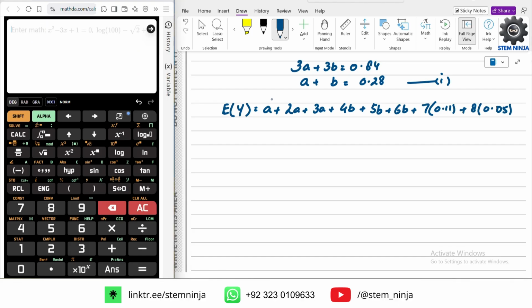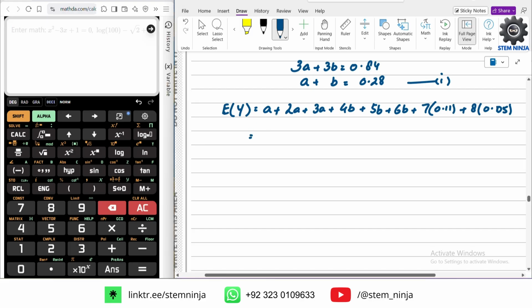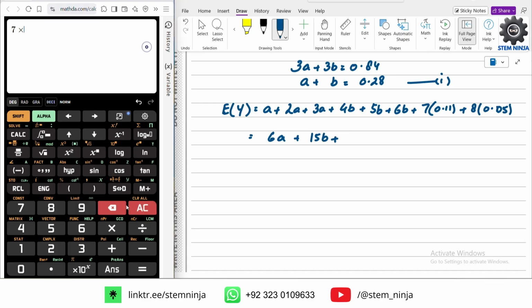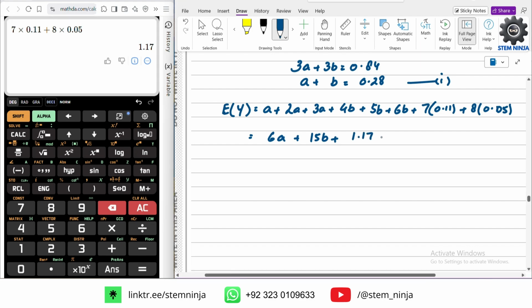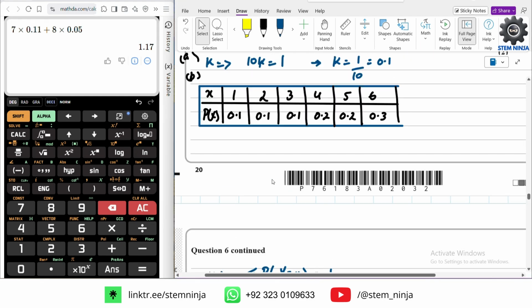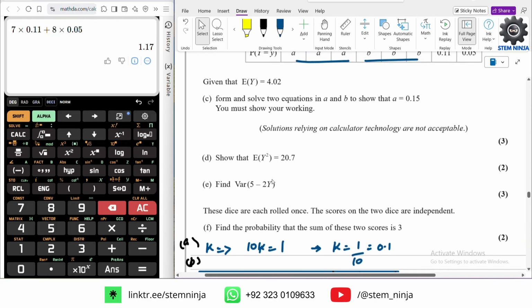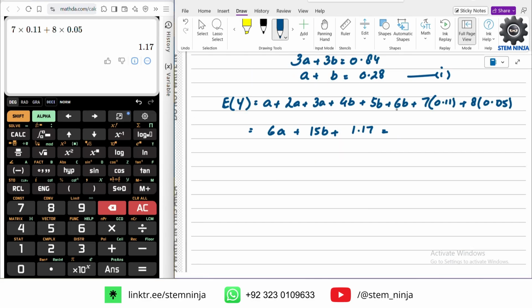Right, so this becomes 6A plus 9 plus 6, 15B, plus 7 times 0.11 plus 8 times 0.05, so that is 1.17. This is equal to 4.02.